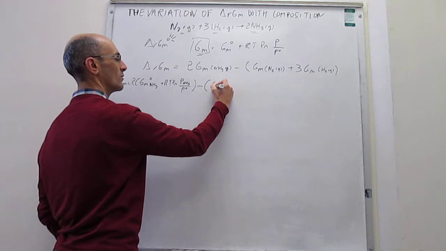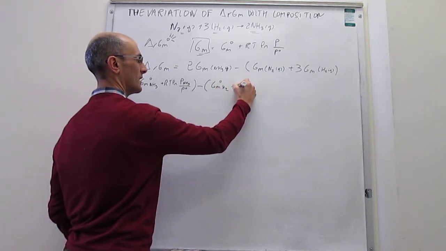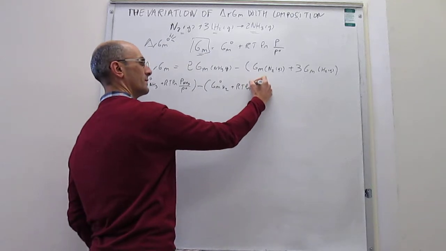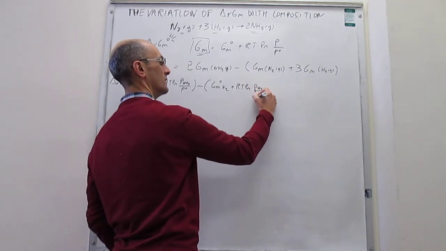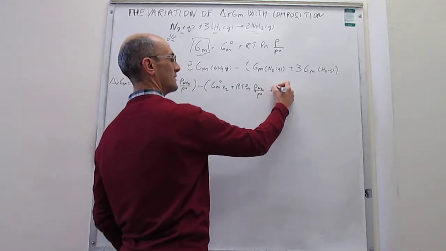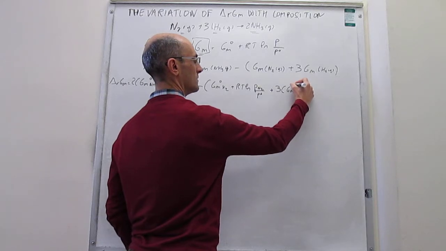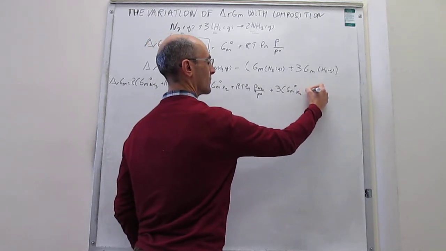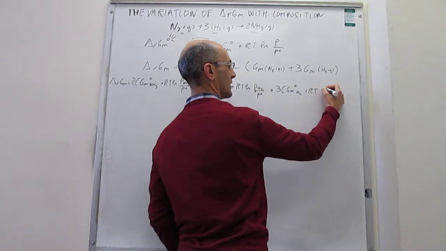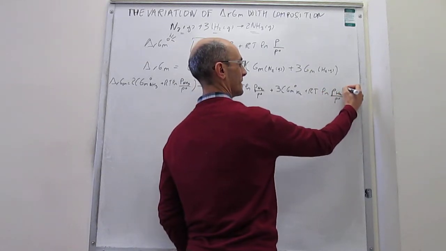That will be the molar Gibbs energy of nitrogen at the standard state plus RT natural log of the pressure of nitrogen over the pressure of the standard state, and then plus 3 times the molar Gibbs energy of H2 at the standard state plus a correction from the fact that you're not at the standard state, partial pressure of H2 over 1 atmosphere.